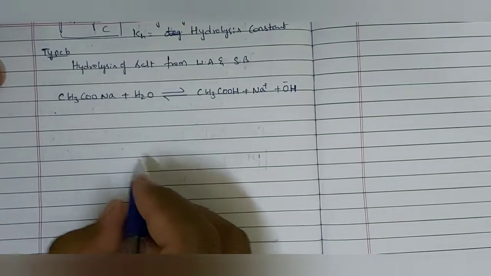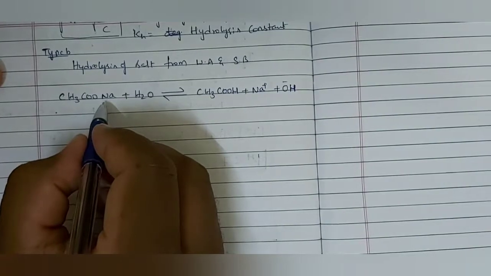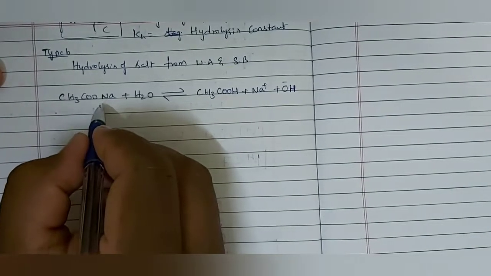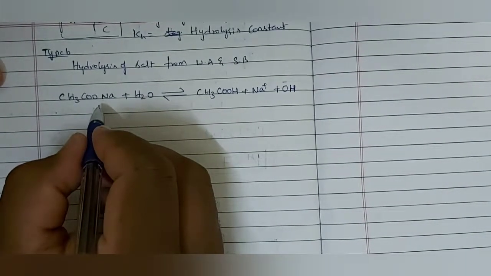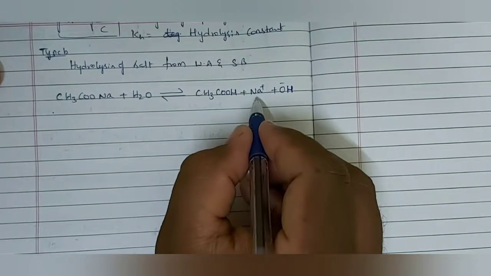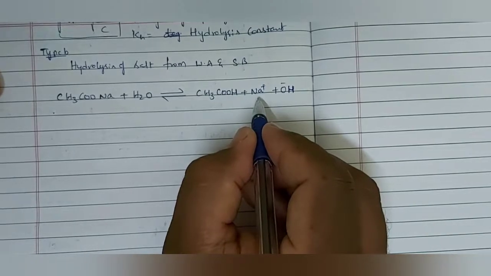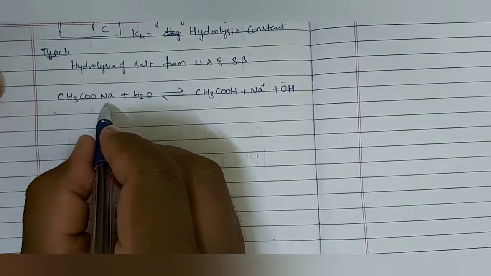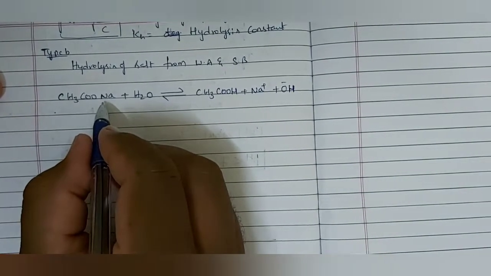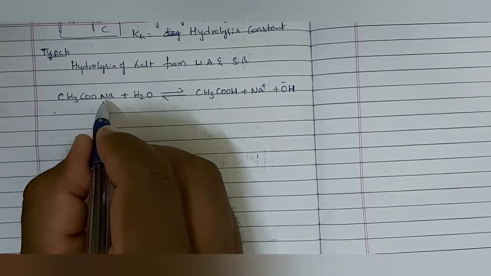I hope you are understanding. Na plus is obtained from a strong base, so this is a weak conjugate acid. So it will not combine with OH minus. This is very weak because it is obtained from a strong base. So this is a weak conjugate acid.